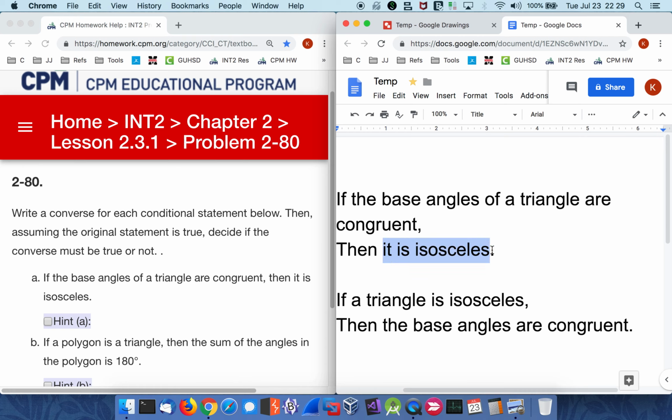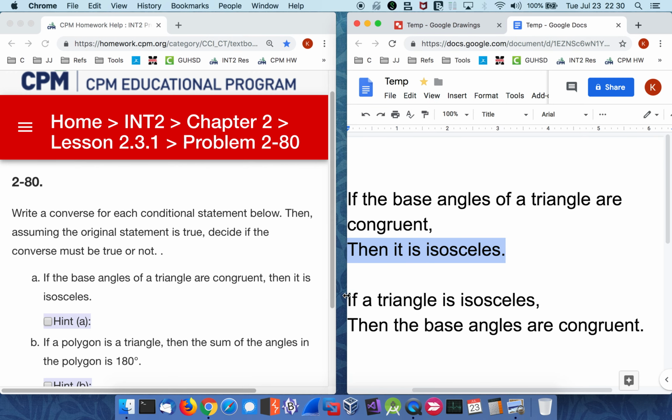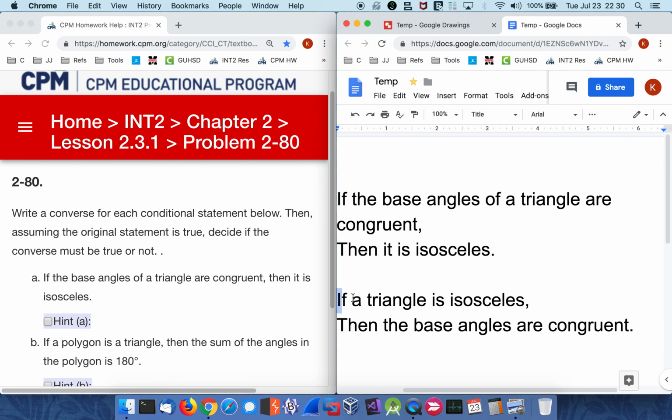Right now the conclusion becomes the conditional in the converse. Up here, it's if the base angles of a triangle are congruent, then it is isosceles.